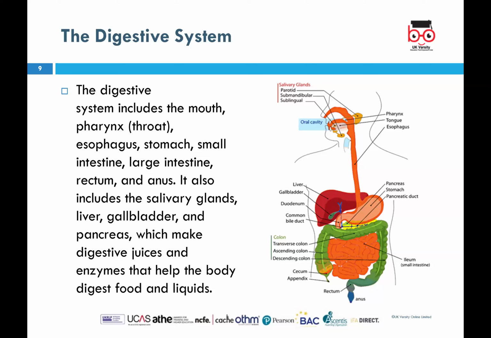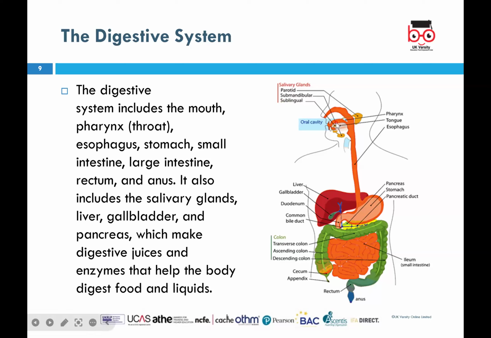Now coming towards the digestive system. Okay, so the digestive system, as we know, has to do with digestion. That's the name given to it. And you have different structures within the digestive system. So it includes the mouth.